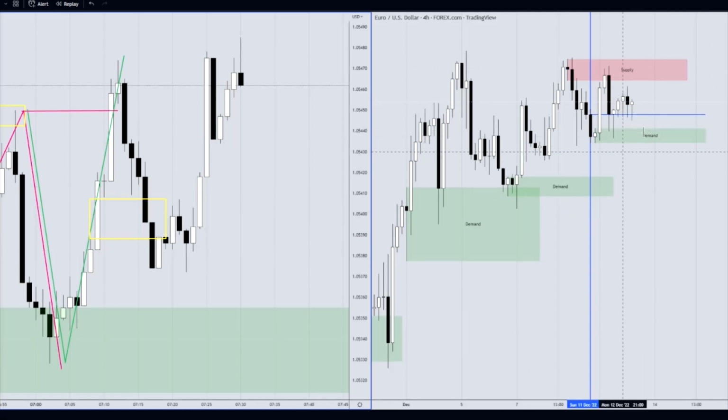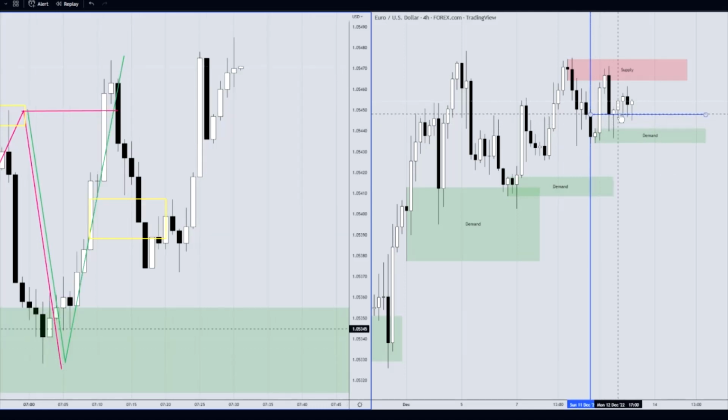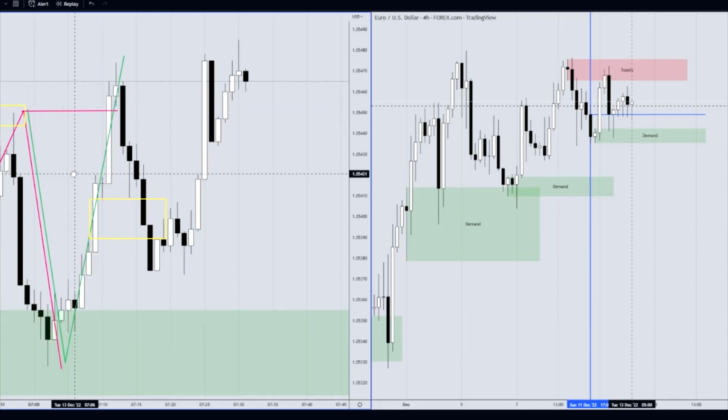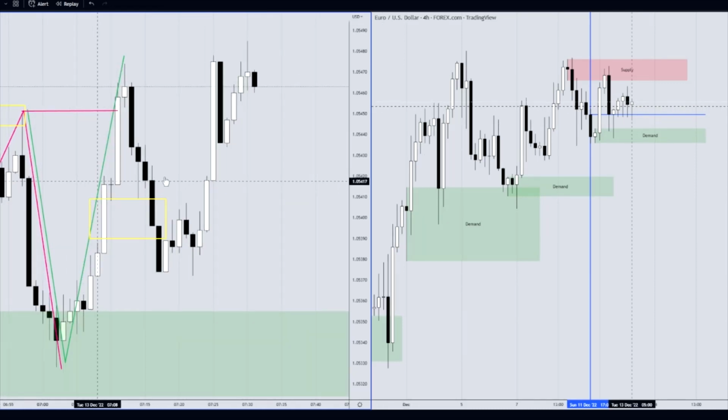As we've come into Tuesday, you can see how price has come back above the Sunday line and hit price here. So we had a lot of wicks around this area. That's not the bit I want to get across, but it's more about the supply and demand.